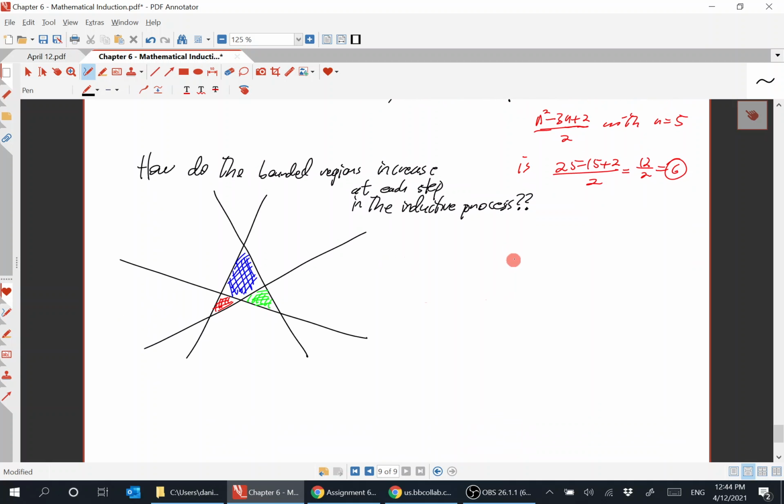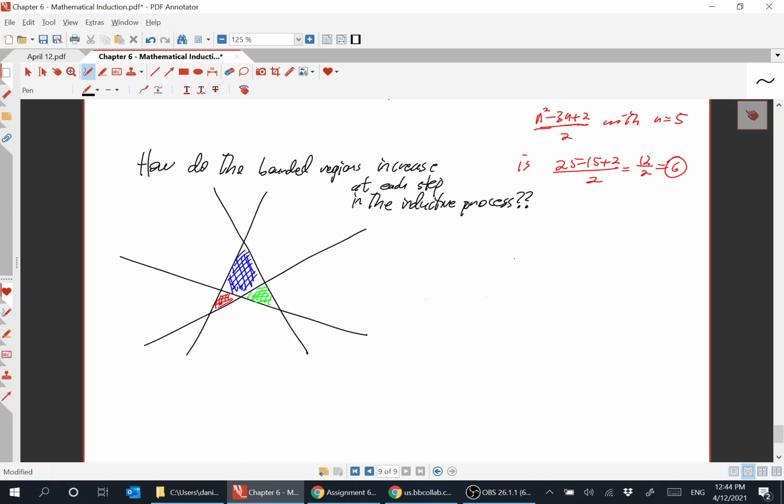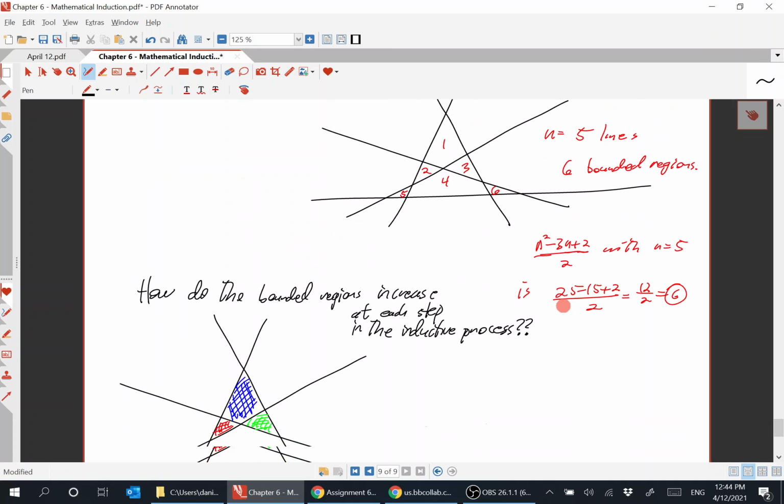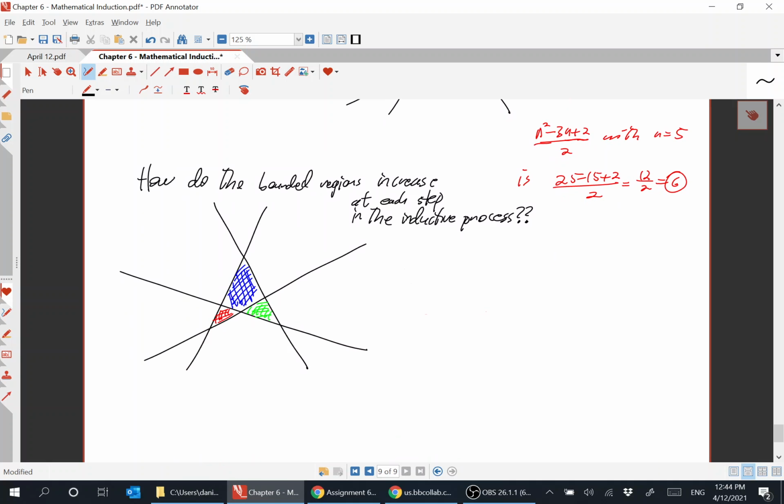All right, so here's 4 lines, and you've got these 3 bounded regions. What do you notice about the bounded regions? Right here and here.